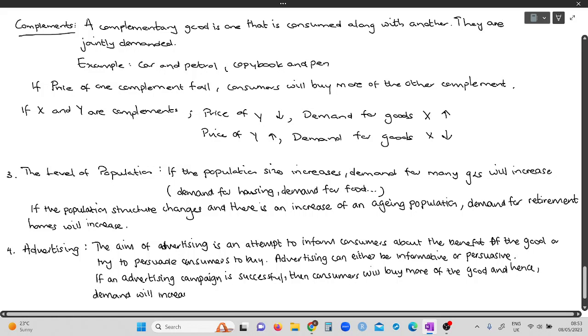Voilà, this is the advertising as a factor which influences demand. Donc bien sûr, when demand will increase, it will definitely shift to the right.